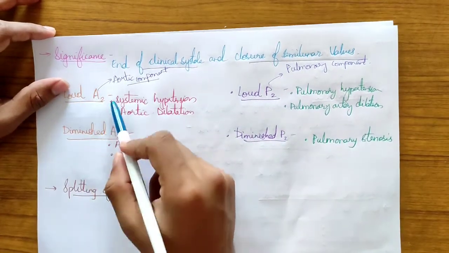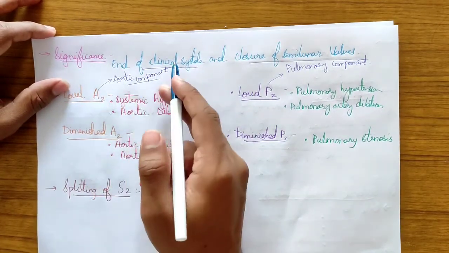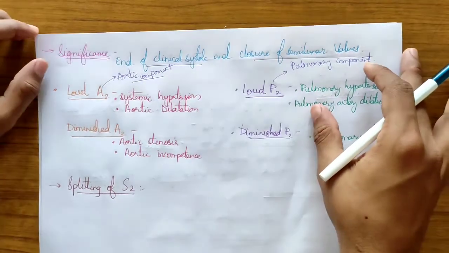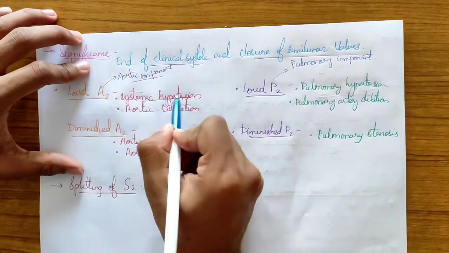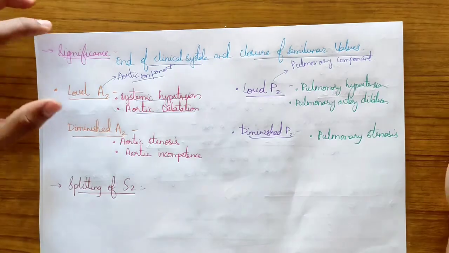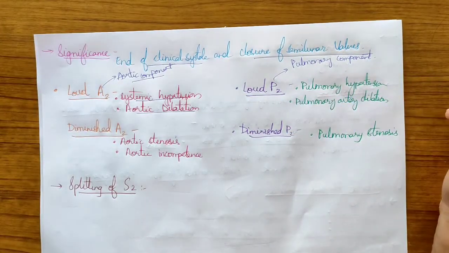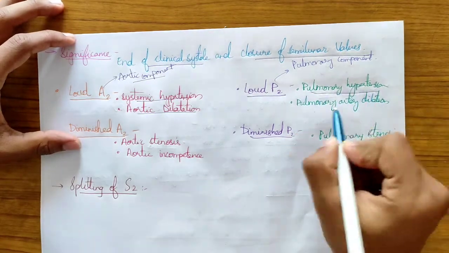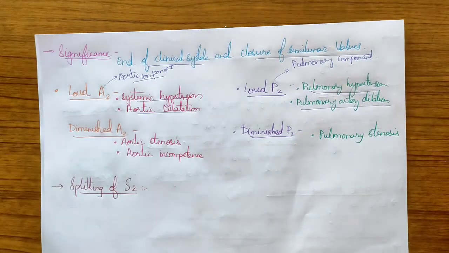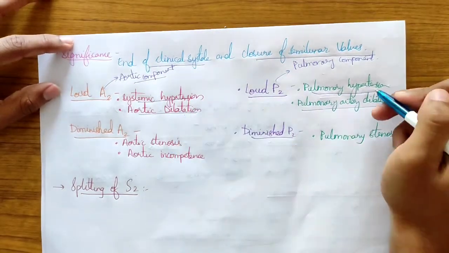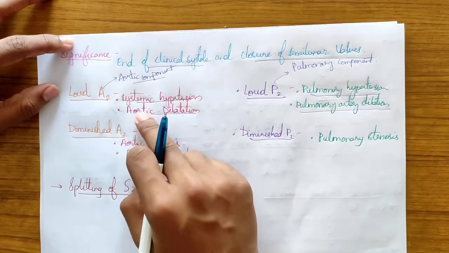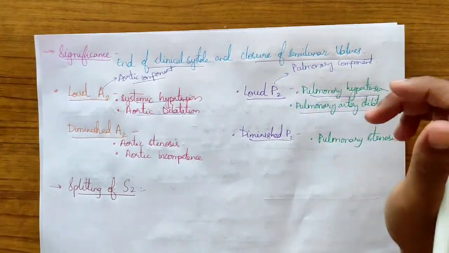The loud aortic component of the semilunar valves will be seen in systemic hypertension and aortic dilatation, and the loud P2, or the pulmonary component, will be seen in pulmonary hypertension and pulmonary arterial dilation. So hypertension and dilation are the same here, only the aortic and the pulmonary name changes.